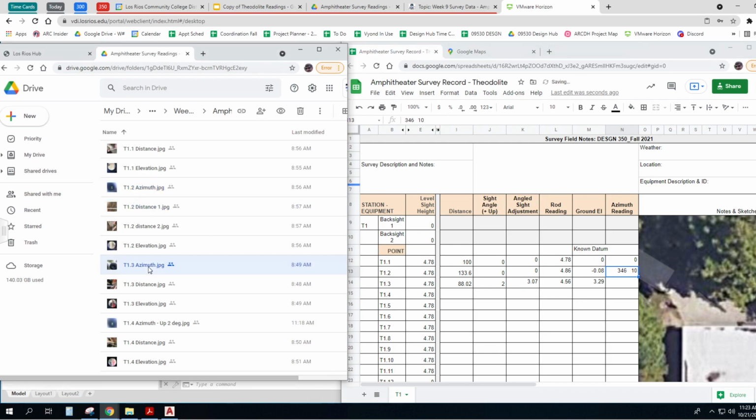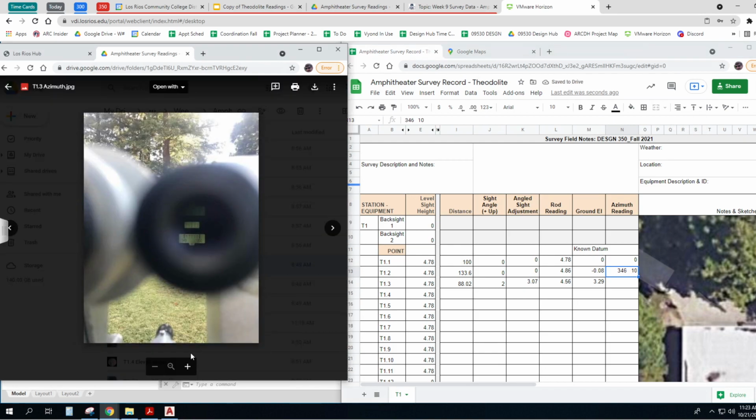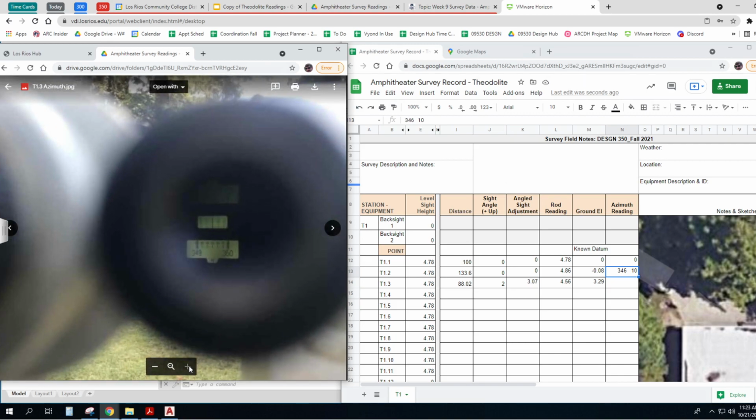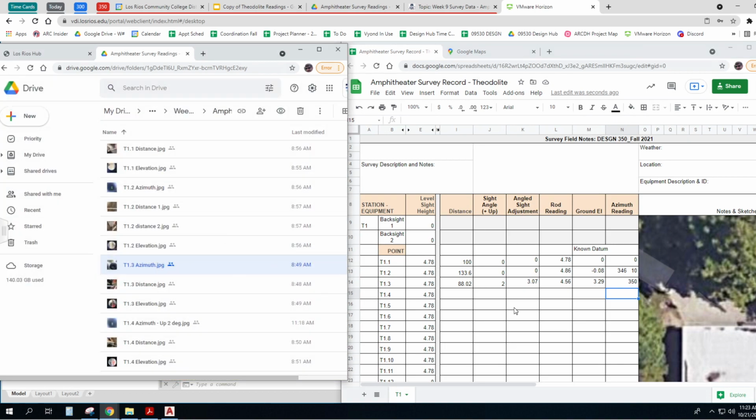And now let me get my azimuth in this one. I think that's right on 350. Yeah, it looks like it. That'll be cool.